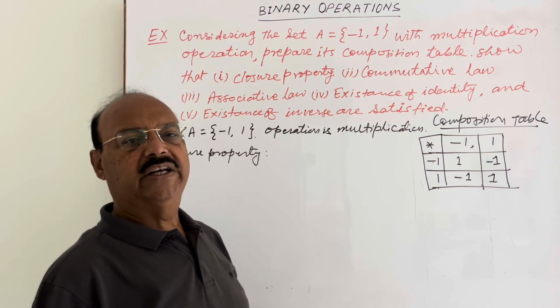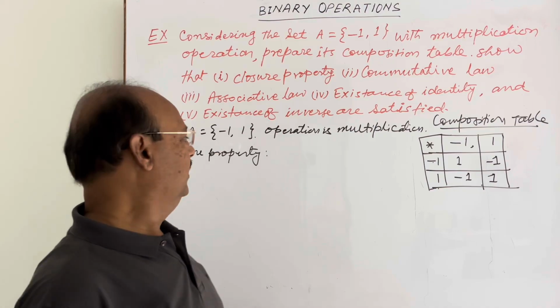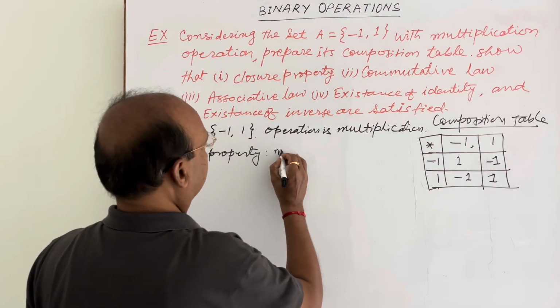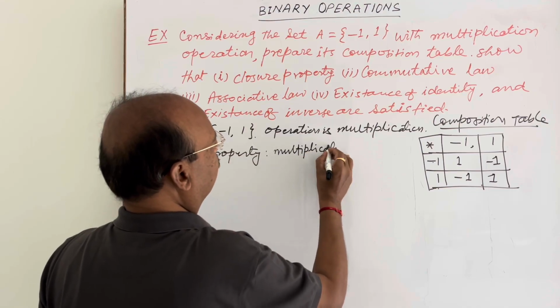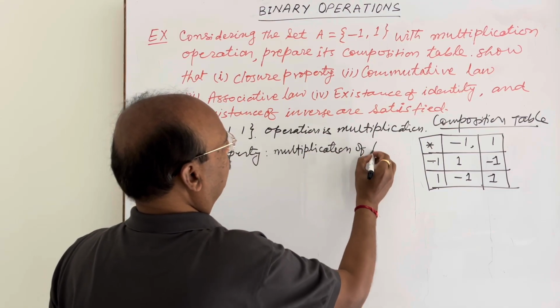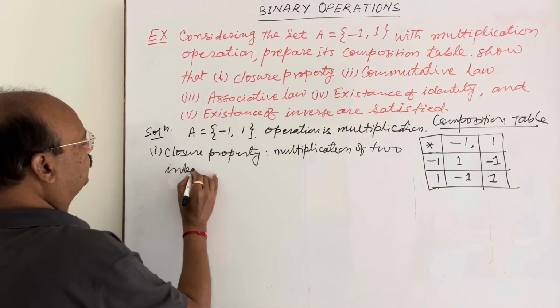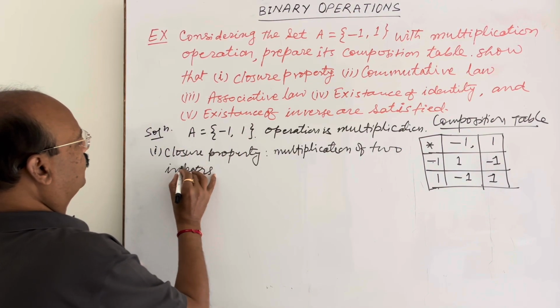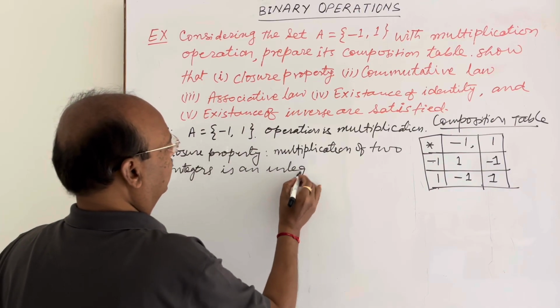That is, multiplication of 2 integers is always an integer.